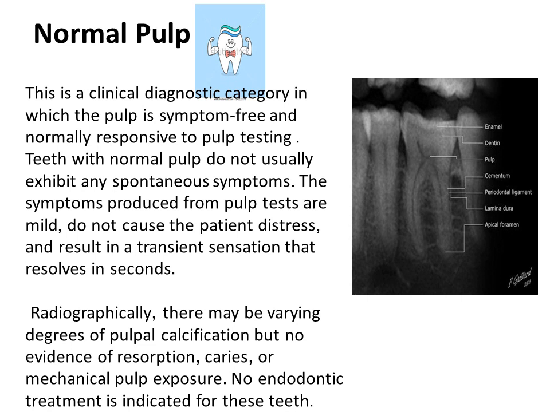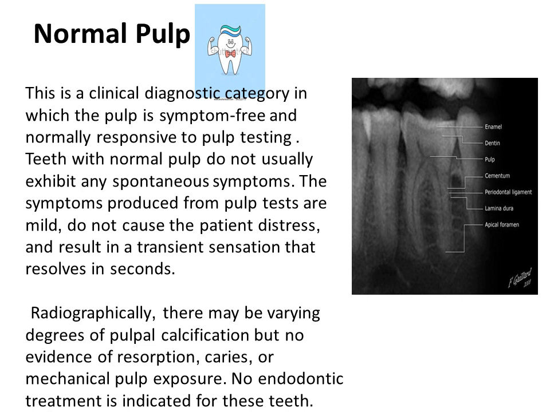They normally do not exhibit any spontaneous symptoms. The symptoms produced from a pulp test are mild. They don't cause patient distress, okay? It results in a transient sensation, and this sensation resolves within seconds.